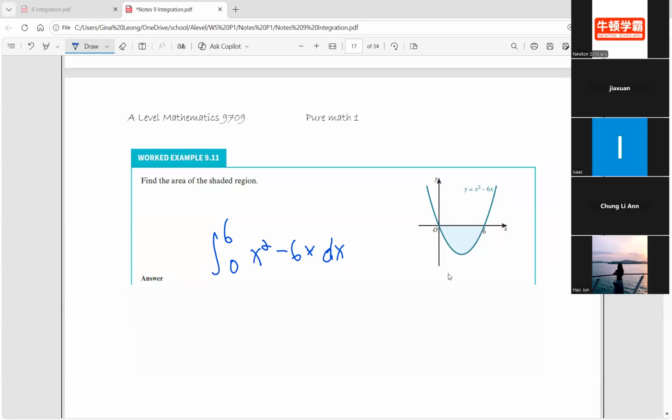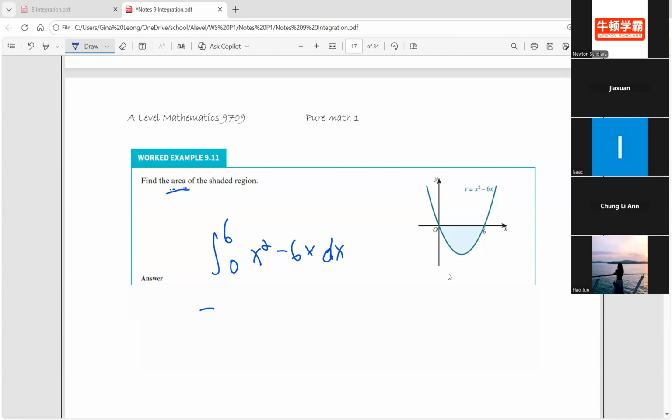The reason is because your area is under the x axis. That is the reason why you get negative. But area is always positive, so you need to take the modulus, and you get back the positive value.